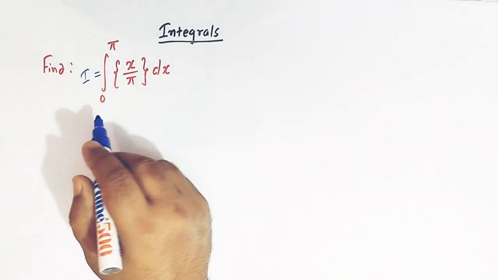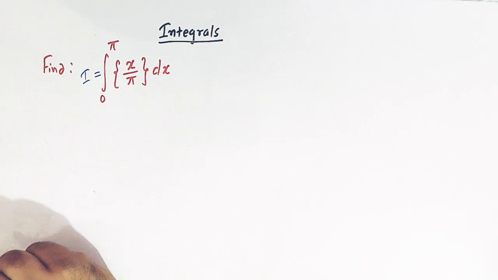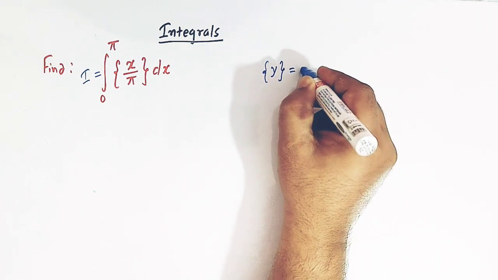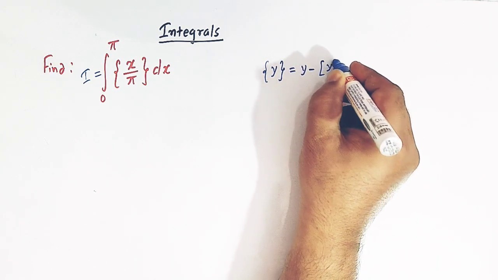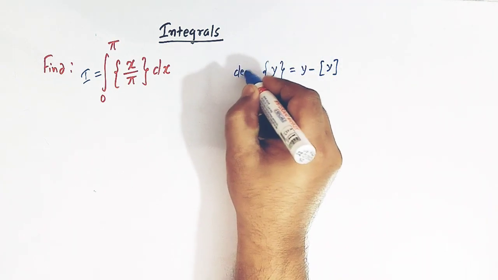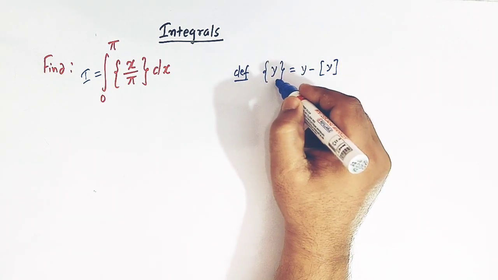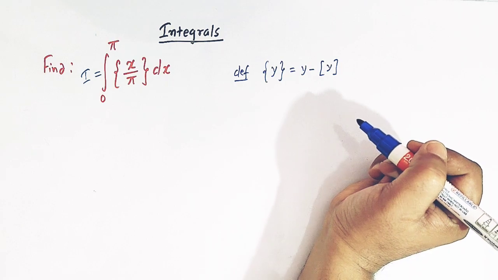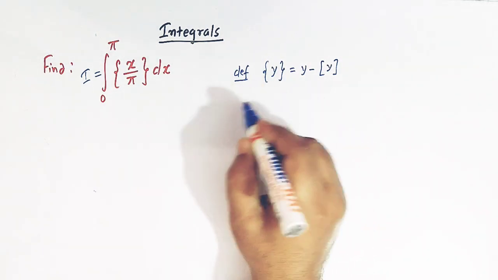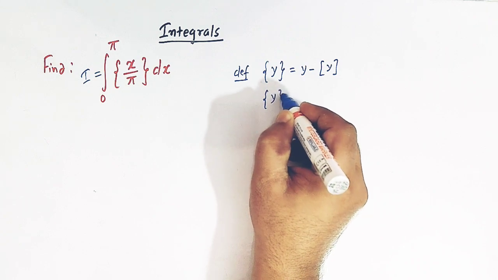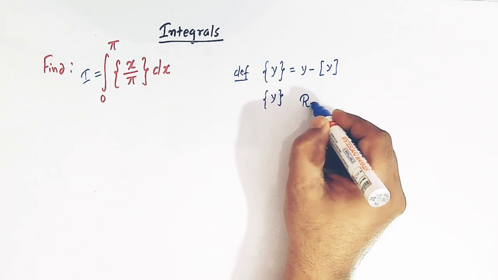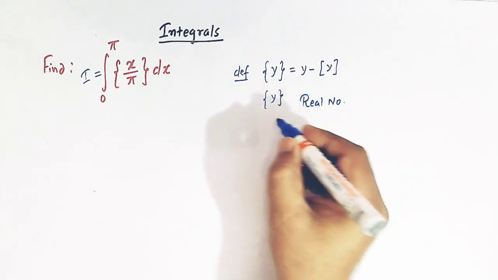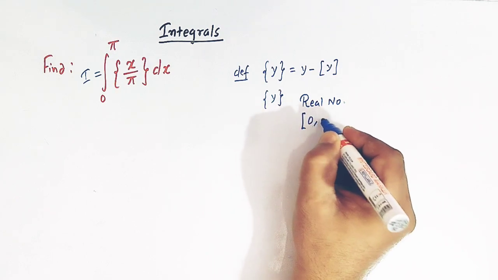Now let us first see the definition of fractional part function. The fractional part of y is defined as y minus greatest integer of y. So this is the definition of a fractional part of y, which is the difference of y and greatest integer of y. The domain of the fractional part function is the set of all real numbers, and the range of this fractional part function is from 0 to 1.